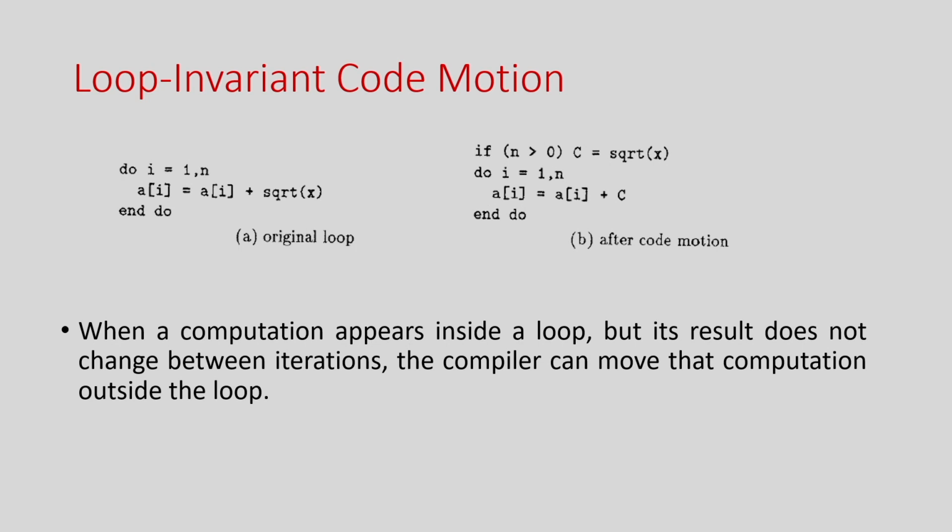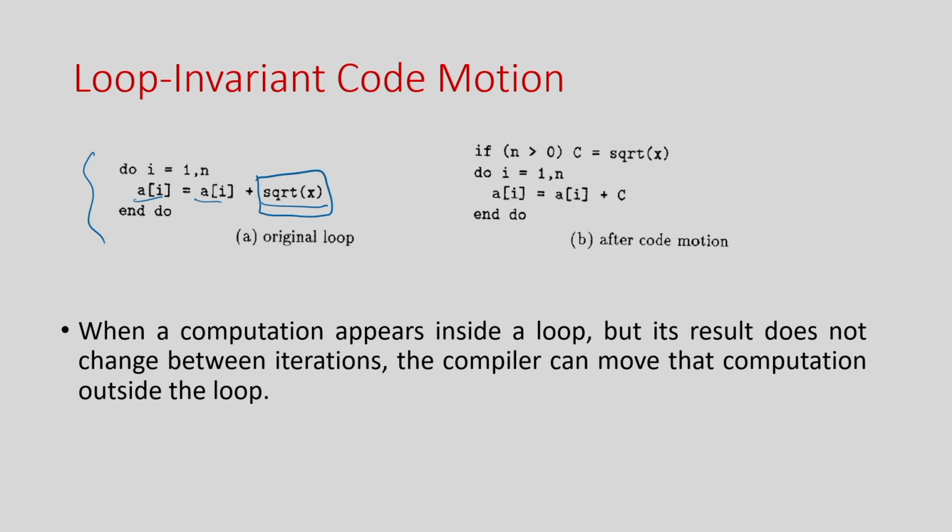So, let us take an example which will clarify the concept. If you have this code where you have a loop in which you are calculating A[i] as A[i] plus square root of x, right. What is the invariant here? You can clearly see that it is the square root of x. There is no relation between square root of x and the loop iteration.